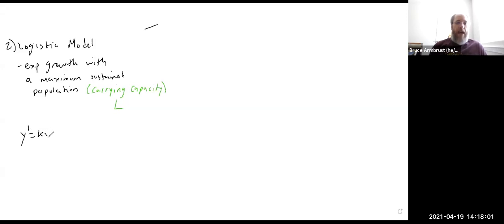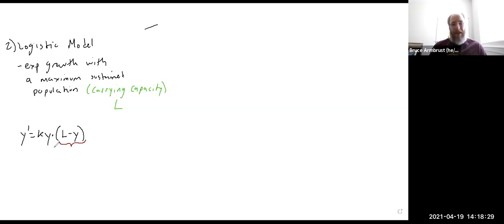We still need to have exponential growth, so we still need the cute little y prime equals ky. But now we're also going to multiply by an L minus y.